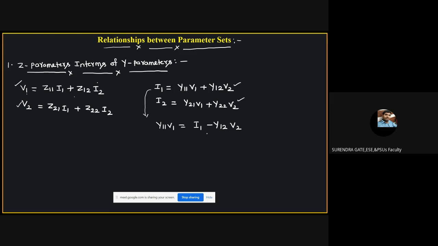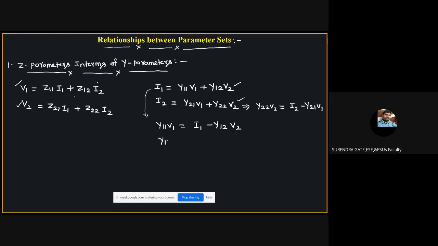Now I want to replace this V2 by I2. How can we replace it? From this equation, Y22 V2 equal to I2 minus Y21 V1. Is it correct?